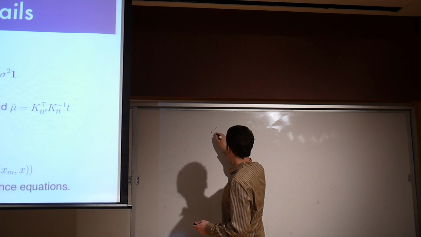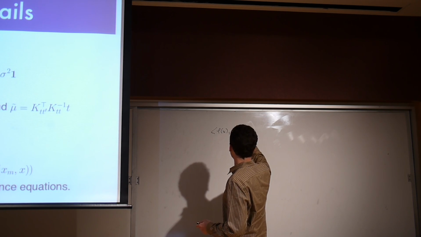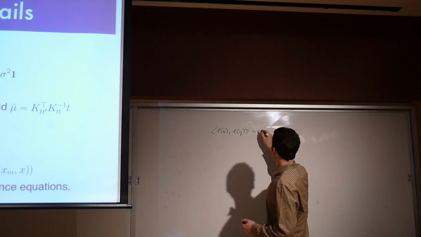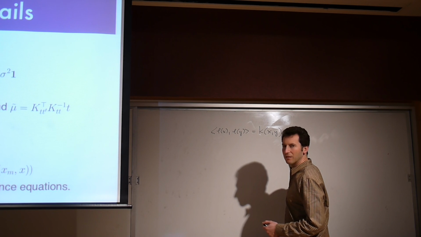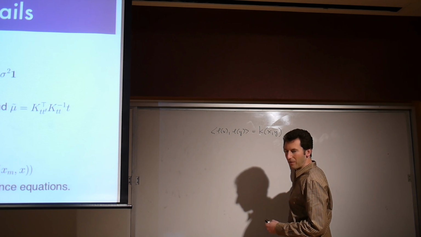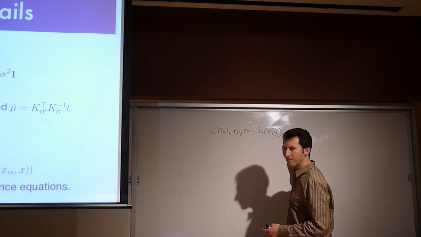Remember what we had is that phi of x dot phi of y was just the kernel k of x and y, right? That was our standard trick, how we introduced the kernel.